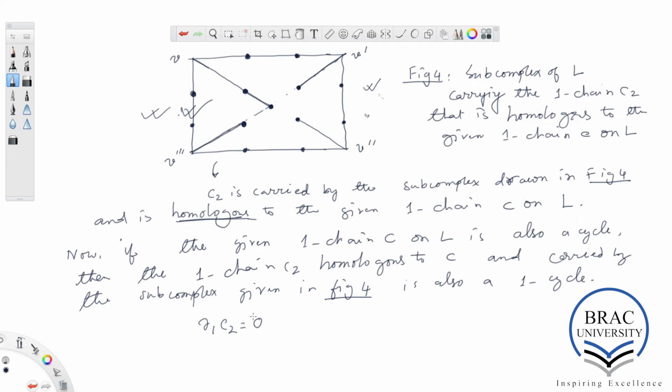Right? So in figure 4, let me label these vertices as well. The vertices here on the central rectangle, V5, V2, V1, V4, and V3. Okay, so since C2 is a one cycle, del 1 C2 must vanish on each of these 5 vertices, V1, V2, V3, V4, and V5.